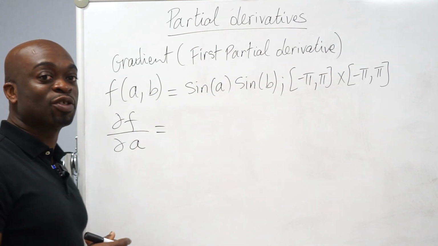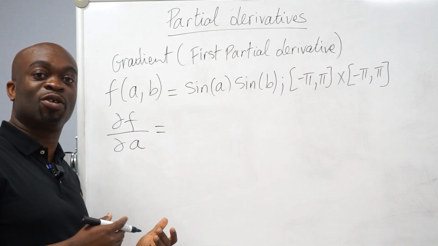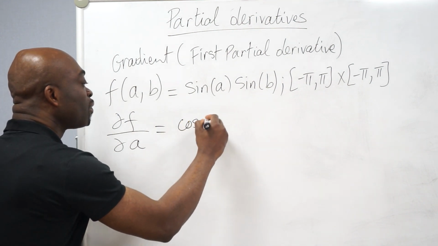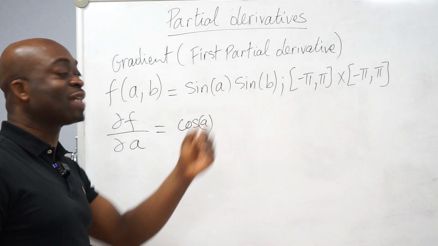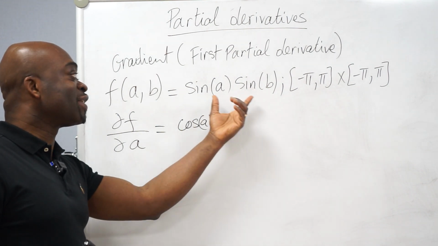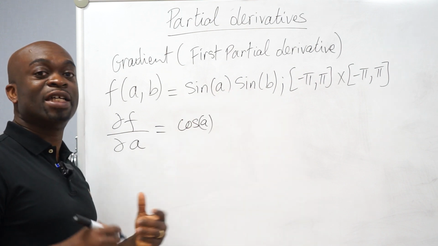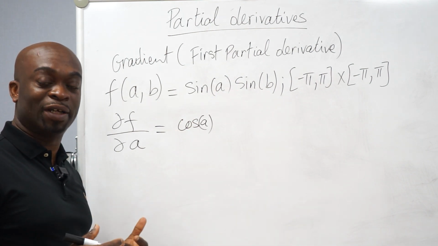So what's the derivative of sin of a? It's cosine of a, correct? And then how are we going to treat sin of b? Because there's a multiplication between sin of a and sin of b, it's going to be a constant, and that constant is not going to go anywhere.